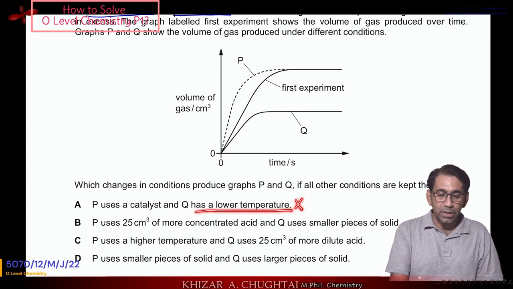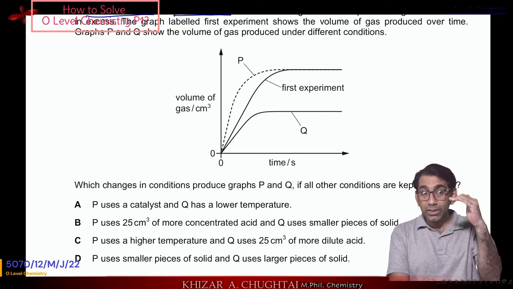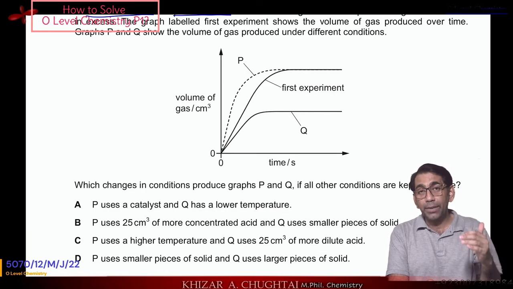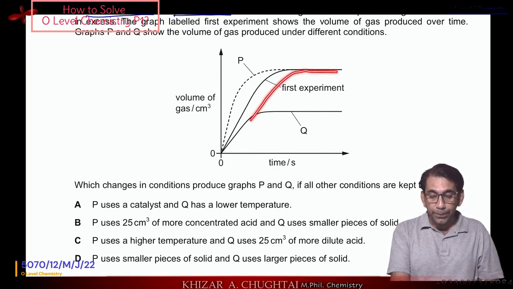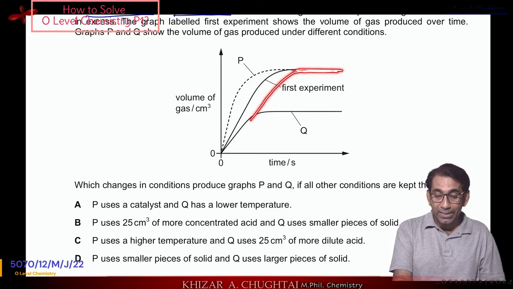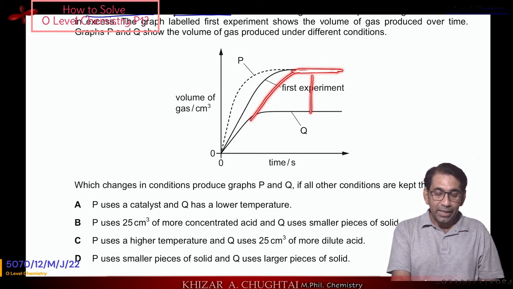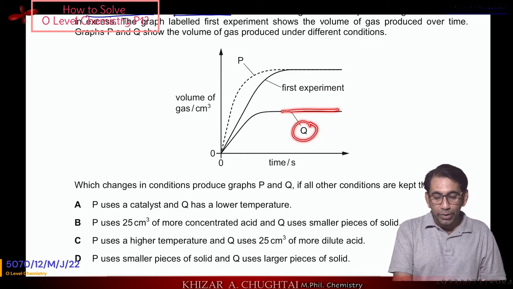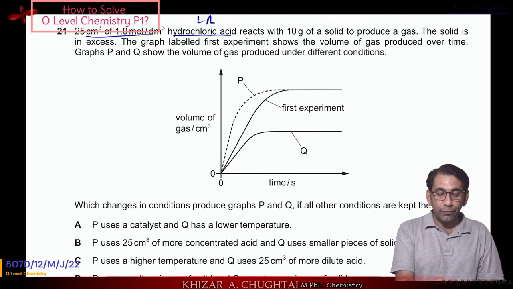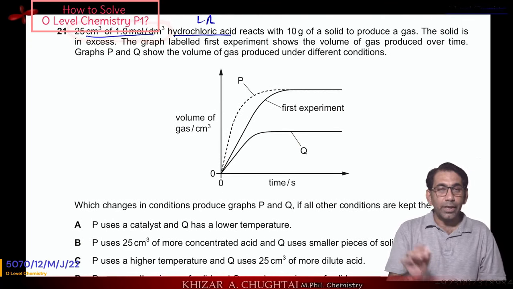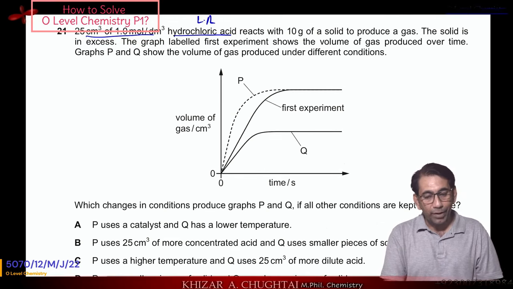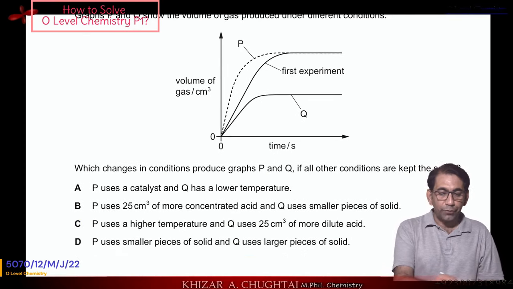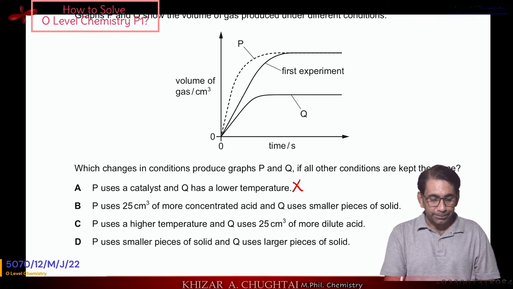The reason is if Q operates at lower temperature, then its yield portion must be similar to that of the first experiment. In this case, Q is exhibiting low yield, so Q is having less quantity of hydrochloric acid. So option A is incorrect.